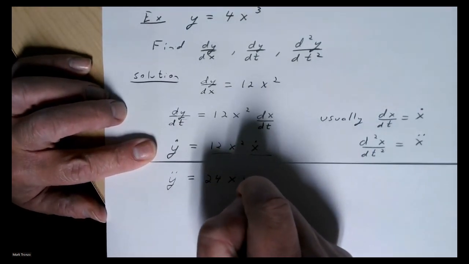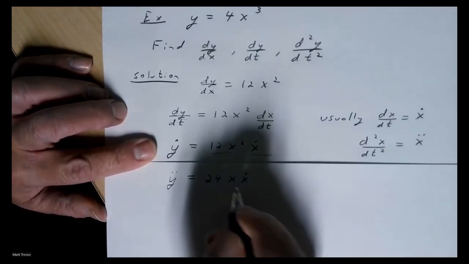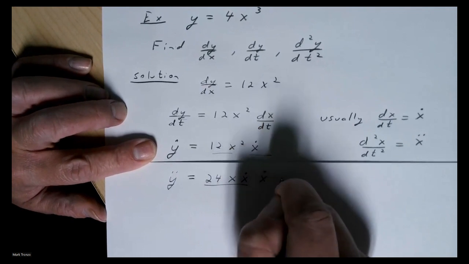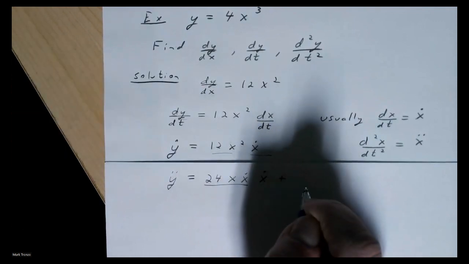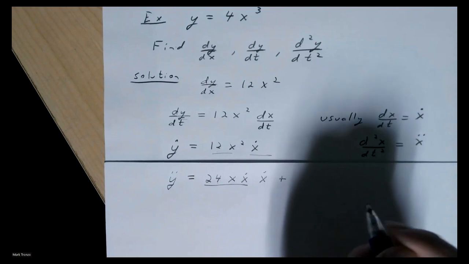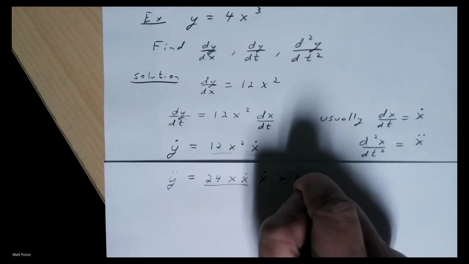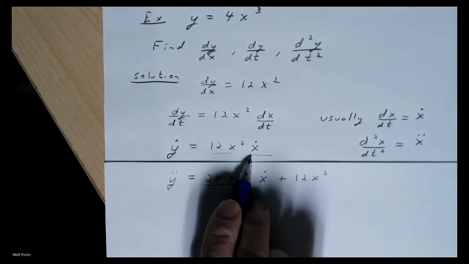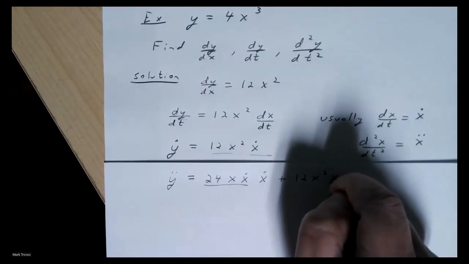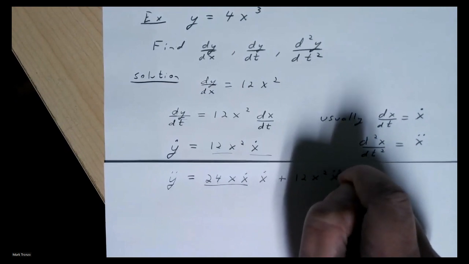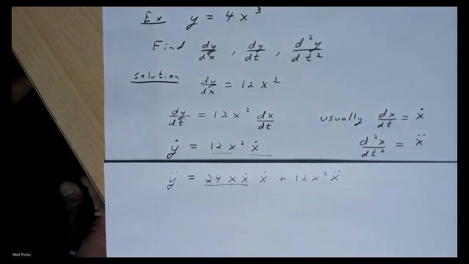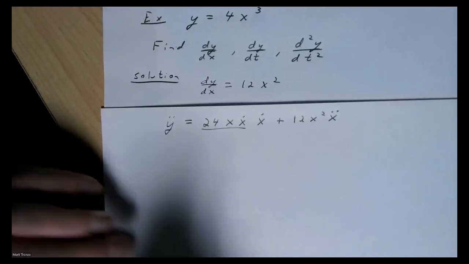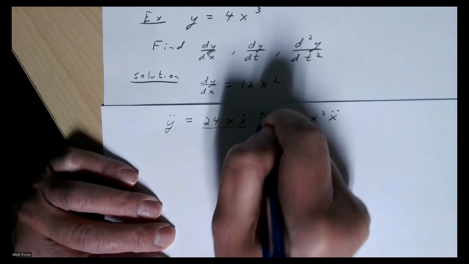So that's the derivative of the first times the second, plus the first times the derivative of the second, like this.